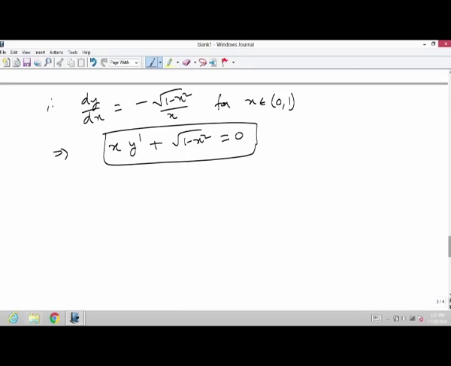So, now we have dy/dx is equal to minus square root of (1 minus x square) by x. So, by integrating we get y is equal to minus integral of square root of (1 minus x square) by x dx, and this integral is easy to evaluate.